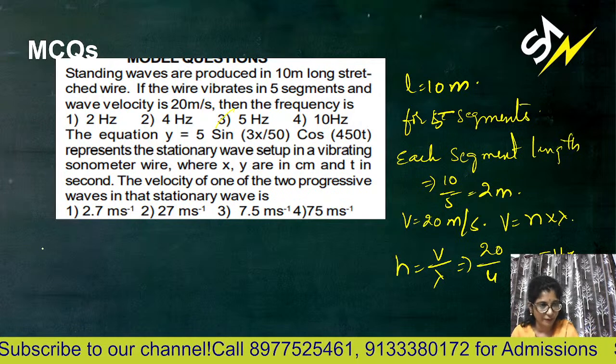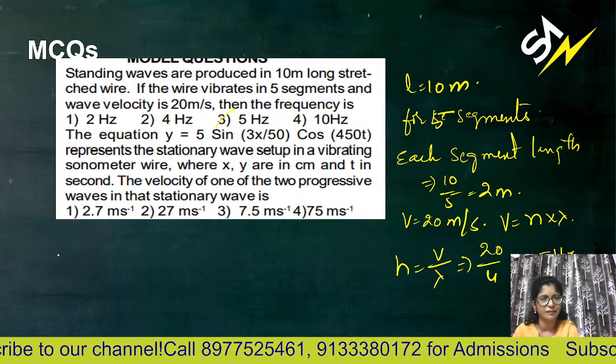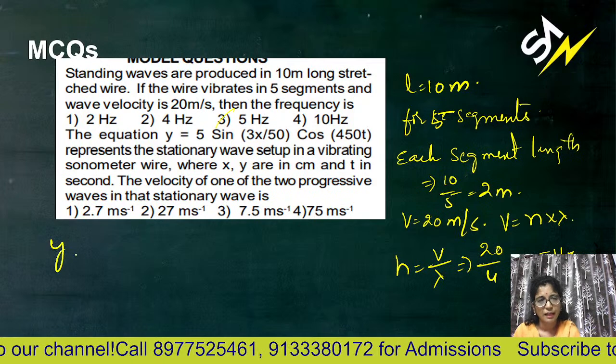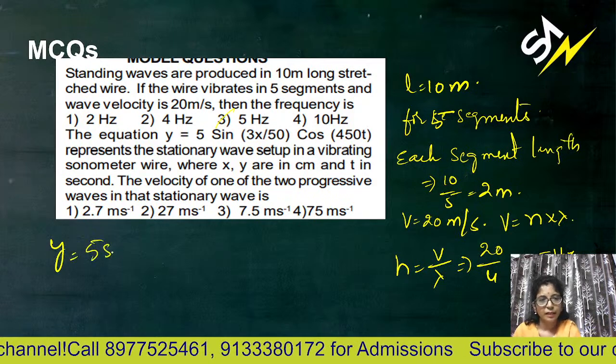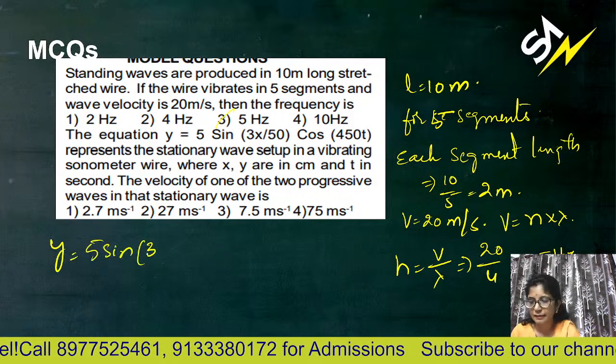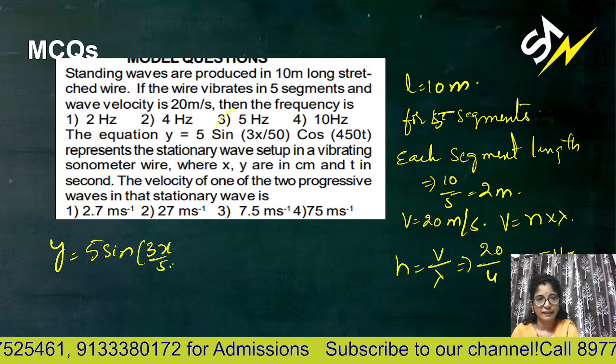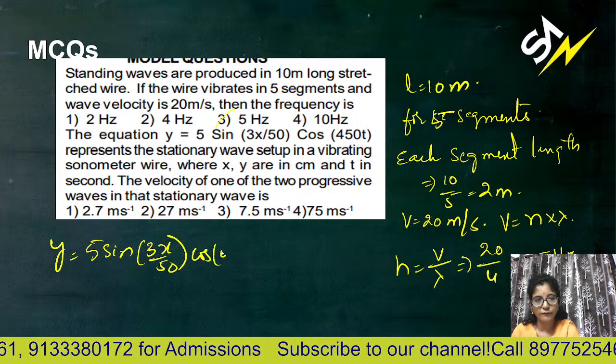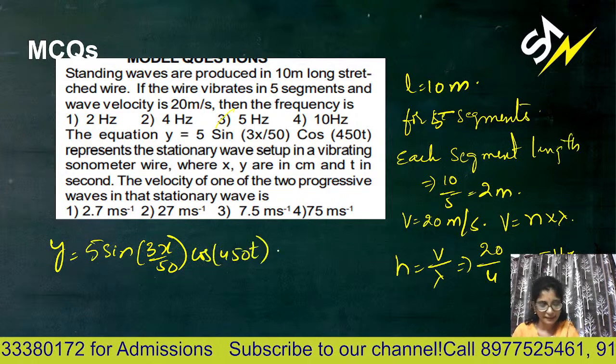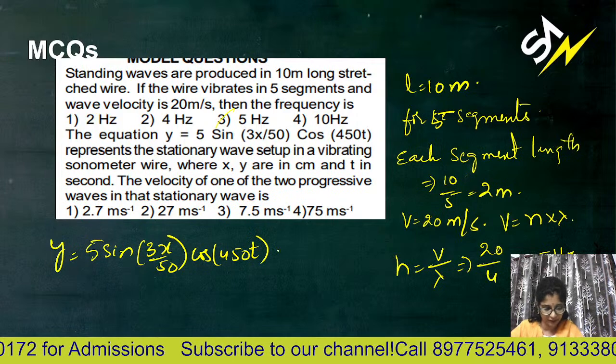Next one we have is the equation, the last example we just discussed. Y is equal to 5 sine 3x by 50 cos 450t. This is what they have given, isn't it?